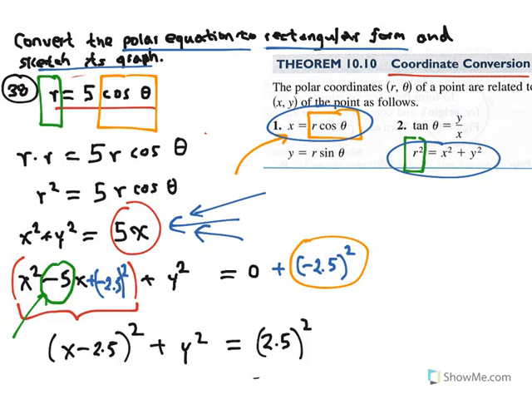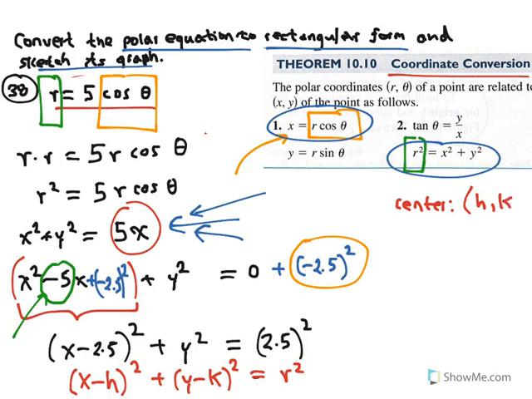When you write your rectangular equation in the form x minus h squared plus y minus k squared is equal to r squared, you know that it is a circle. The graph is a circle with center at (h, k) and radius equal to r.